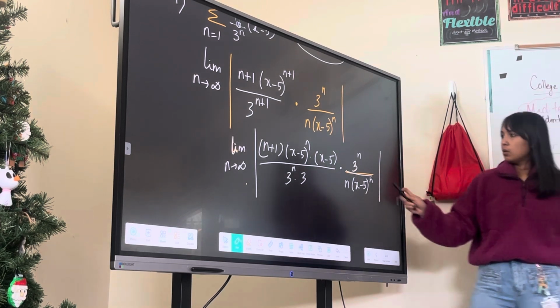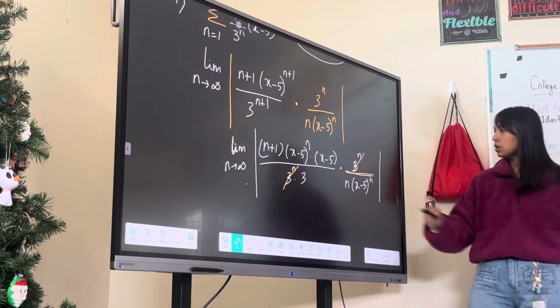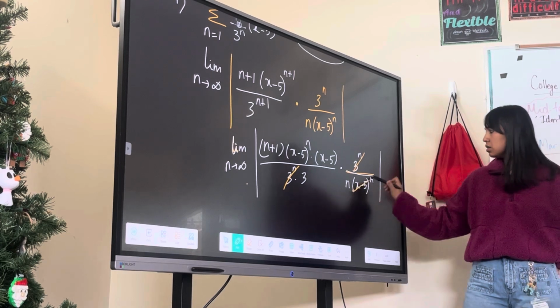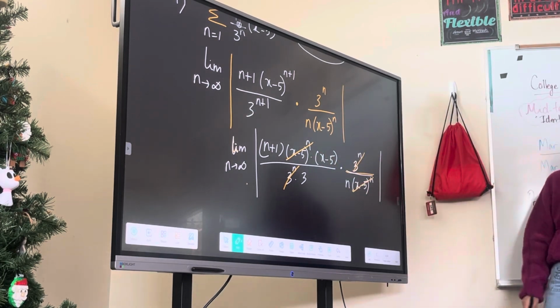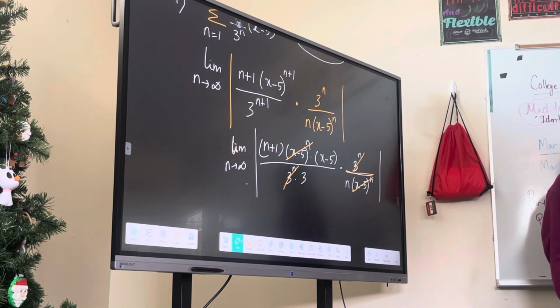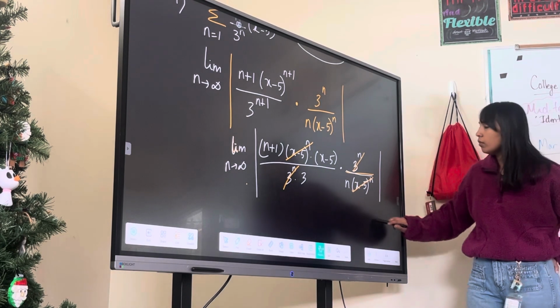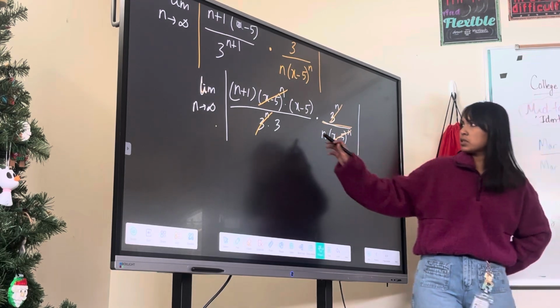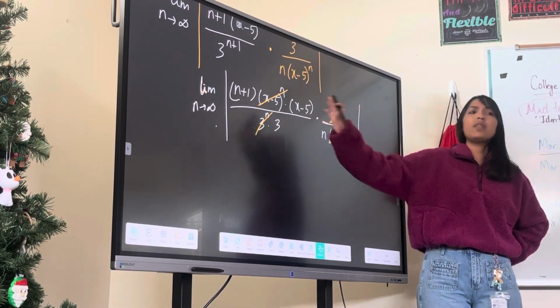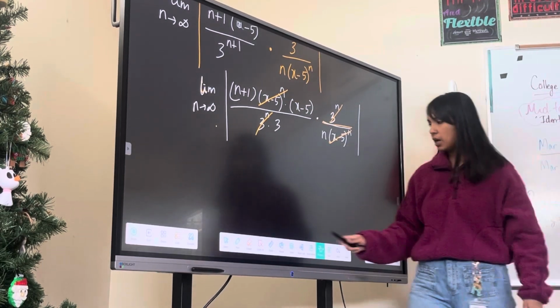Okay, we can cancel this out. This goes away, this goes away. Are we good? Okay, I'm going to group these terms so that I have the x together and the n together, so it's easy for me to see.